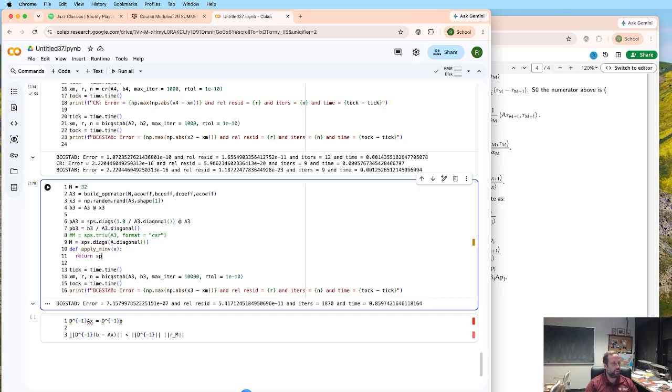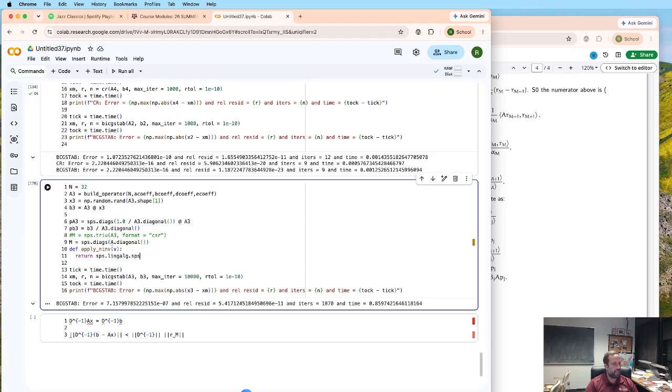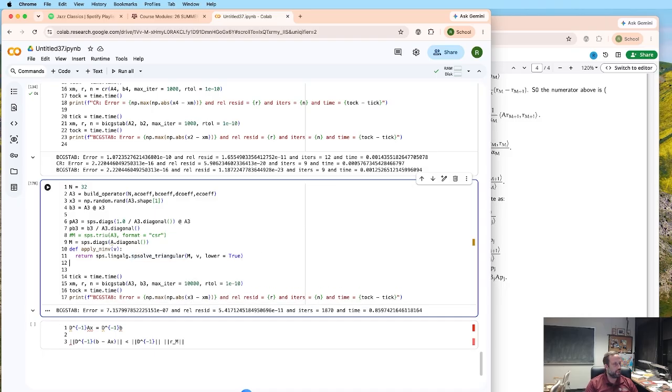So I'm going to do SPS dot linalg dot spsolve triangular, and it is a lower triangular matrix. Okay, so that's what we're going to do. And now we're going to make a linear operator. So I'm going to call it P. P is going to be equal to the linear operator.